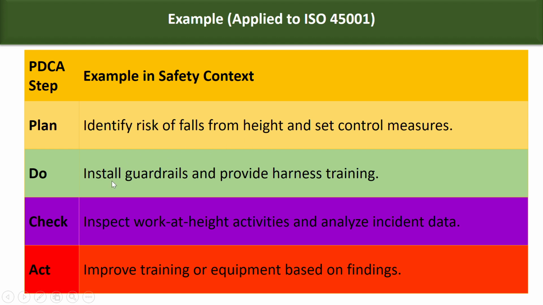In the do part, we will install guardrails, provide harness training, and also supervision and monitoring. Check: inspect work at height activities and analyze incident data, as we are working towards decreasing the number of accidents related to working at height. Now act: improve training or equipment based on findings.